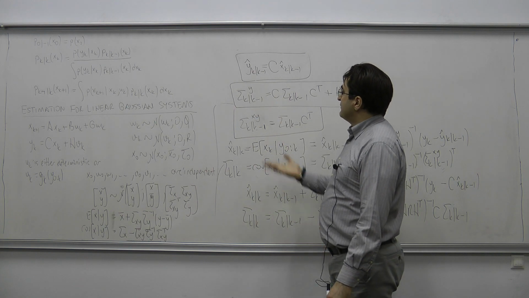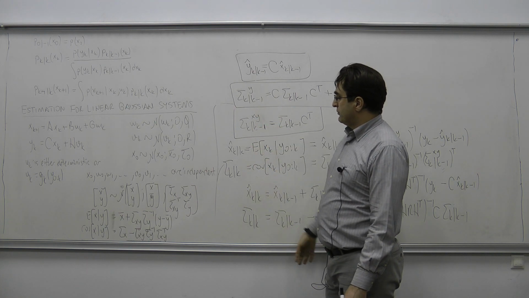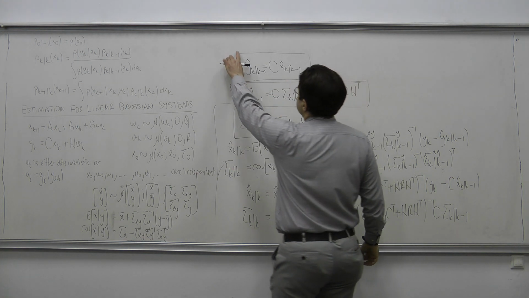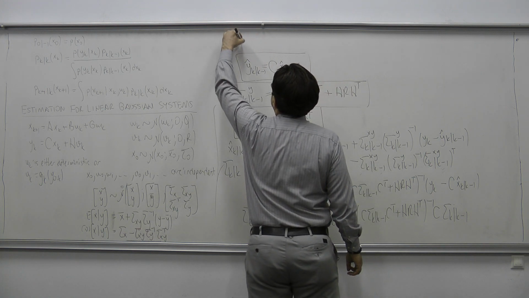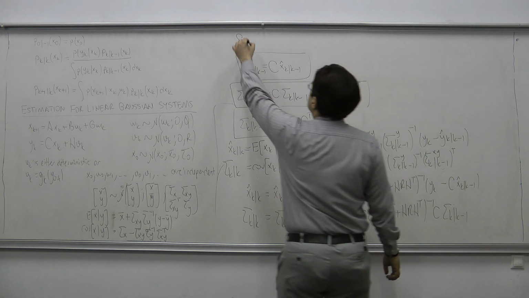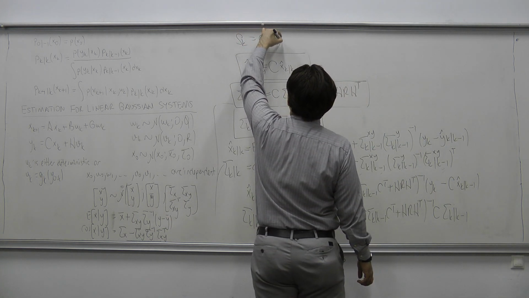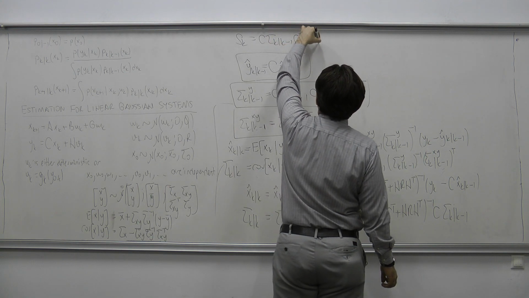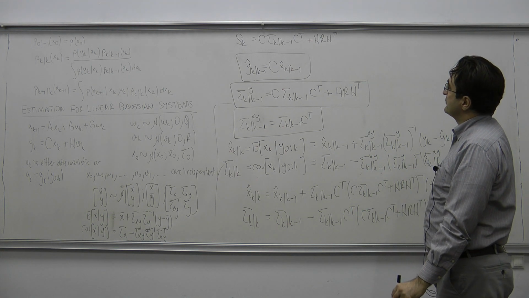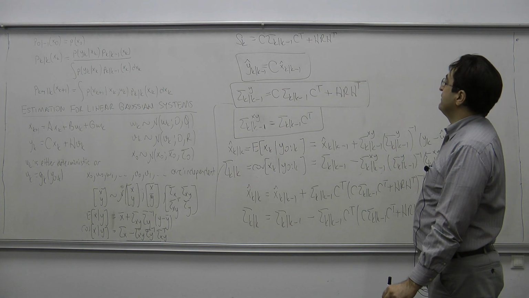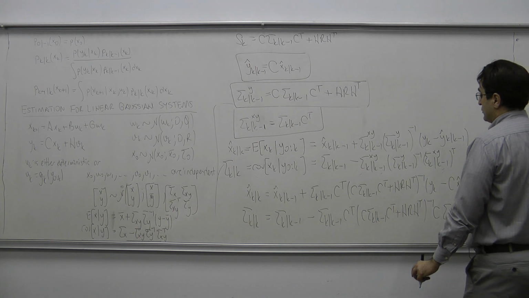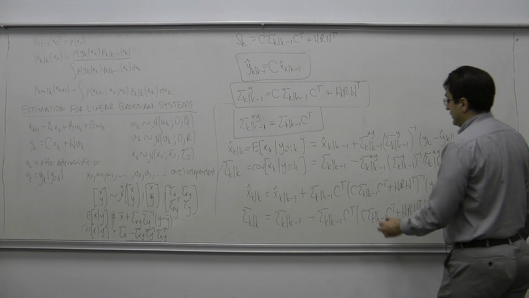But in the Kalman filter literature, or in the literature for this estimation problem, this covariance is given a different name, and that name is usually S k. I'm defining it as C sigma k given k minus 1 C transpose plus H R H transpose. This is the covariance of the measurement given the previous measurements. Okay? And the second thing that I'm going to define is going to be this quantity.